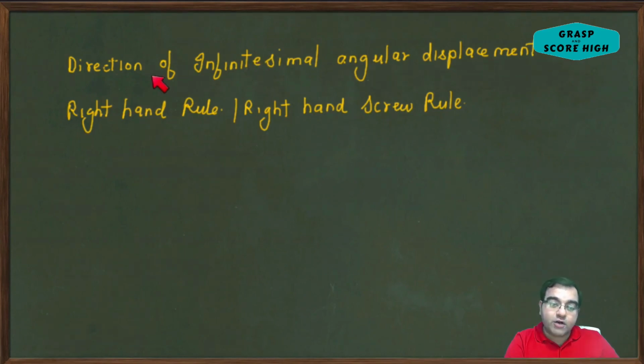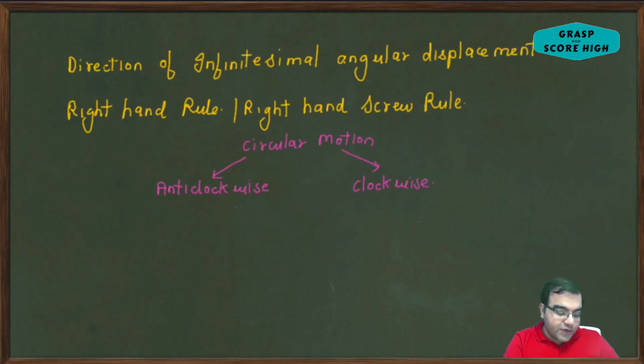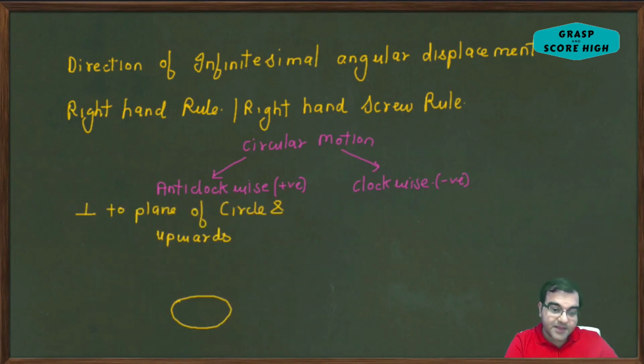And the direction of this infinitesimal angular displacement is given by the right hand screw rule or the right hand rule because both of them at the end of the day give you the same direction. So there are two ways. If your circular motion is anti-clockwise, you will consider your direction to be positive, and if it is clockwise, you would consider your direction to be negative.